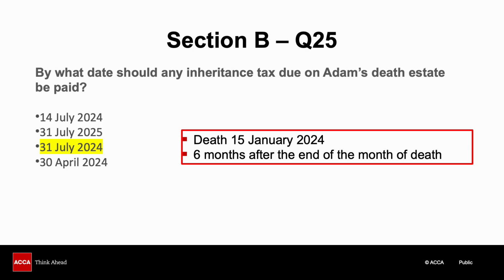So a lot of students would have gone for the 14th of July 2024 then, but it's actually 6 months after the end of the month of death, not 6 calendar months after. Okay, so it's the 31st of July 2024 in this particular case.